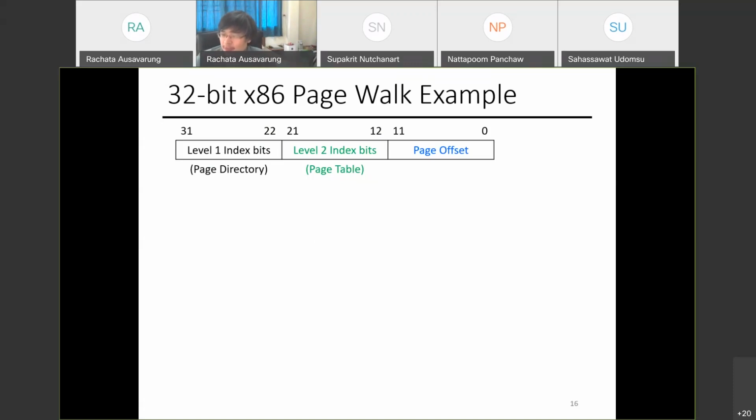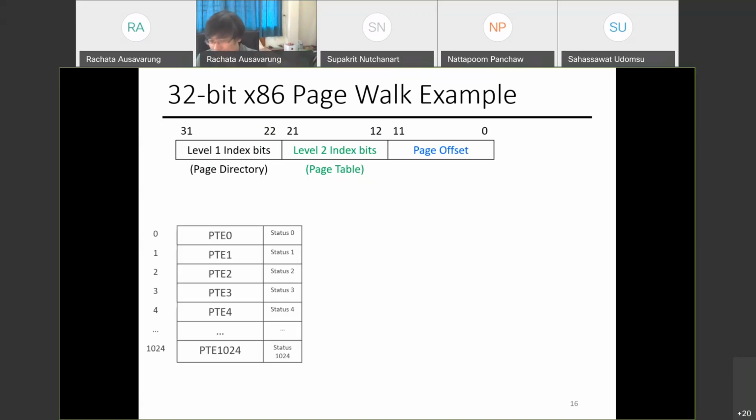I have 10 bits, which means that I can specify 2 to the 10, right? 2 to the 10 different locations, which means that my table can have 2 to the 10 entries. Entry 0 to entry 1023, right? Because it starts from 0. I have 1024 entries from PTE 0 to PTE 1023.